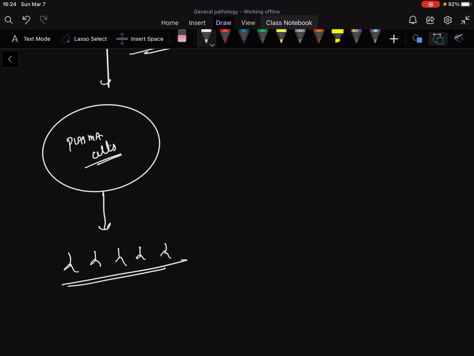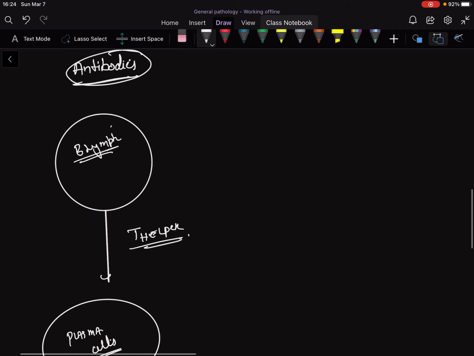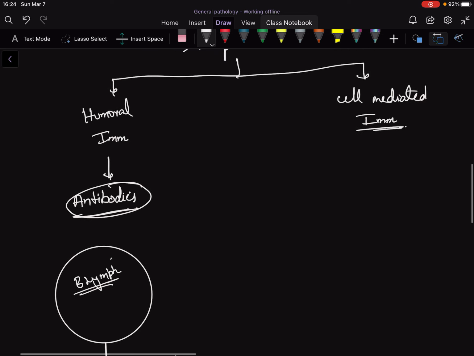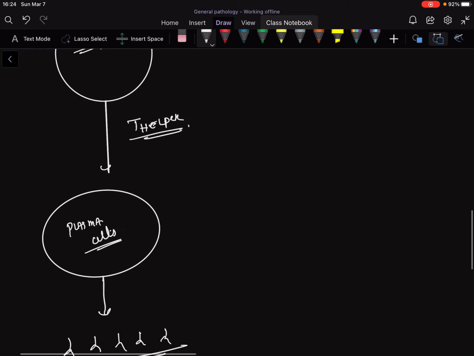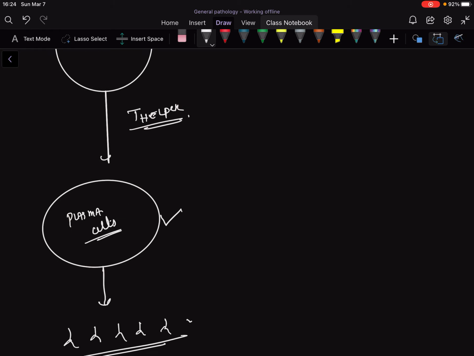So this is what humoral immunity means. So what are the cells which come under humoral immunity? B lymphocytes, plasma cells and antibodies.